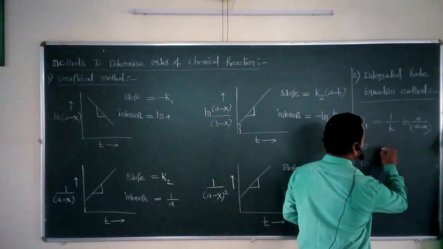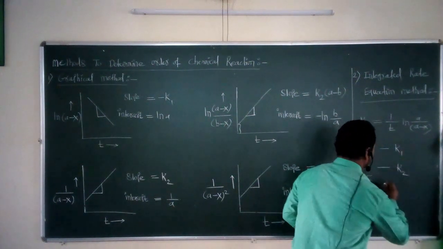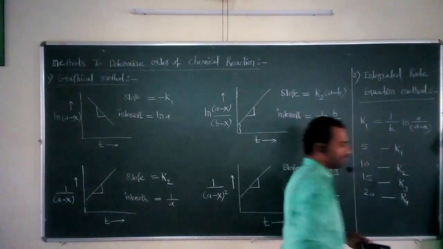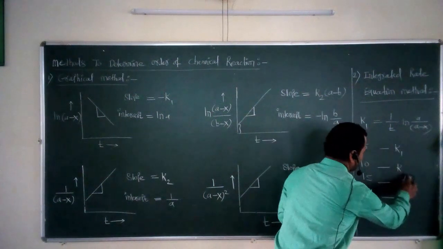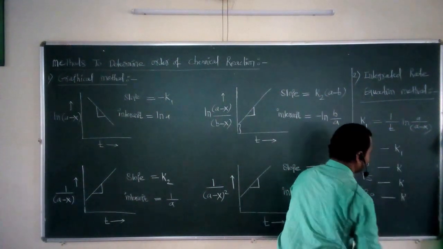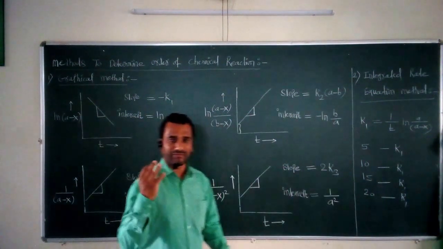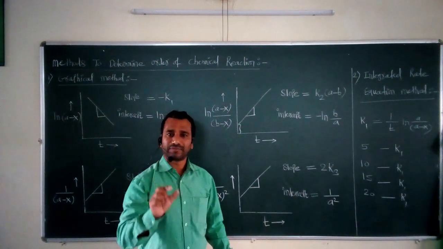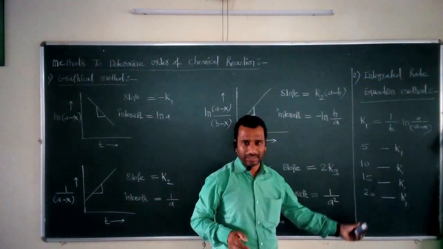At 5 minutes, you will get a rate constant value K1, then K2, K3 and K4. Or we can say that we simply consider K1 only. So these four different values of K1 can be obtained by substituting the different concentrations of reactant and product at different time intervals.